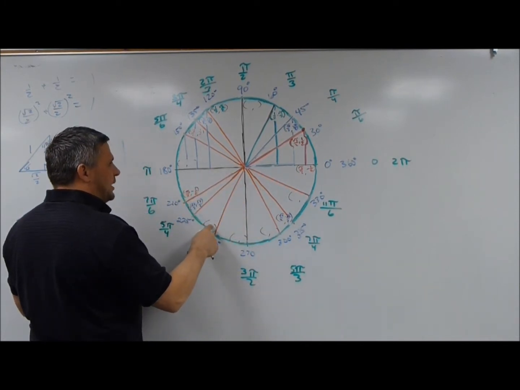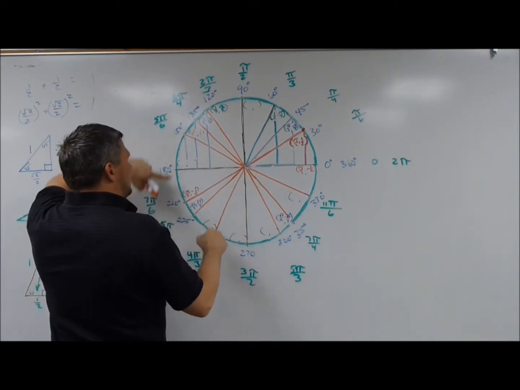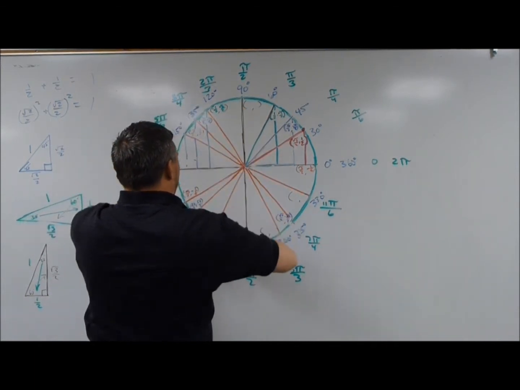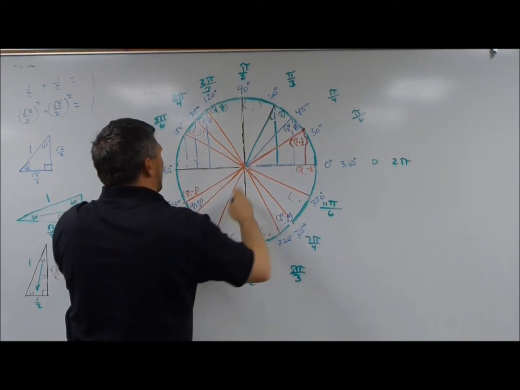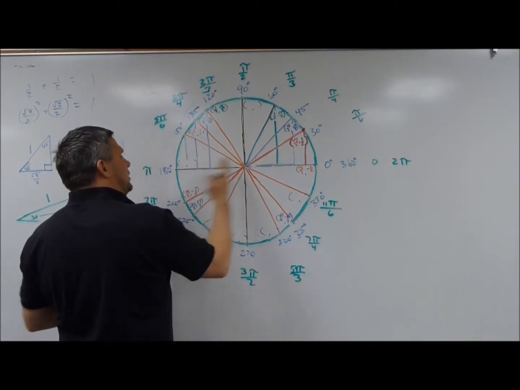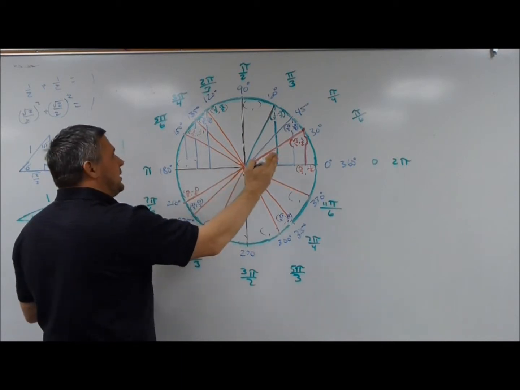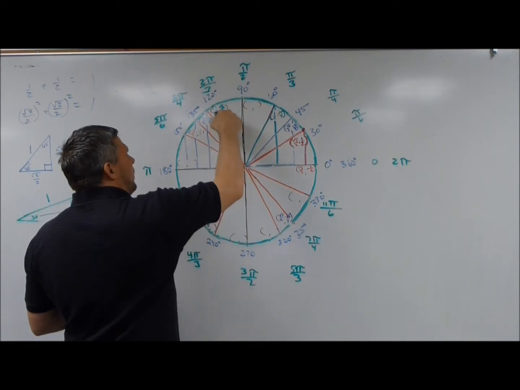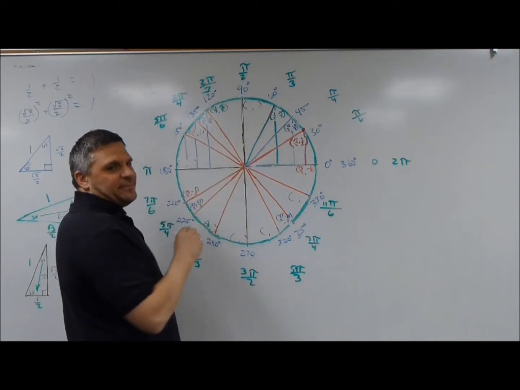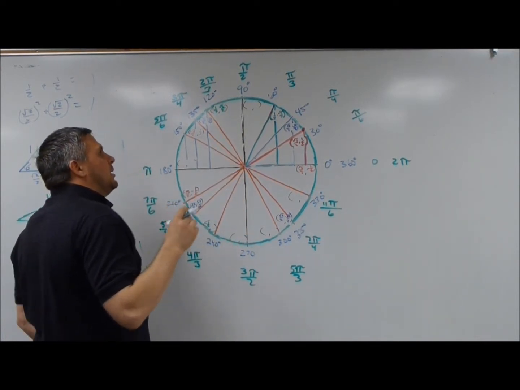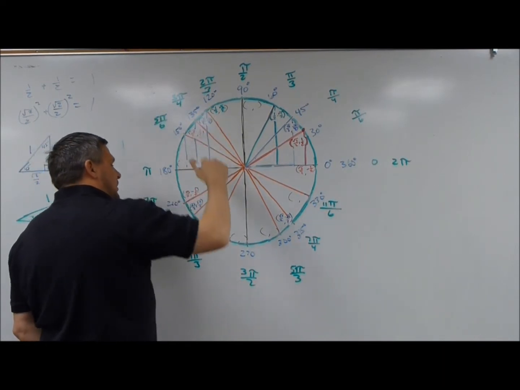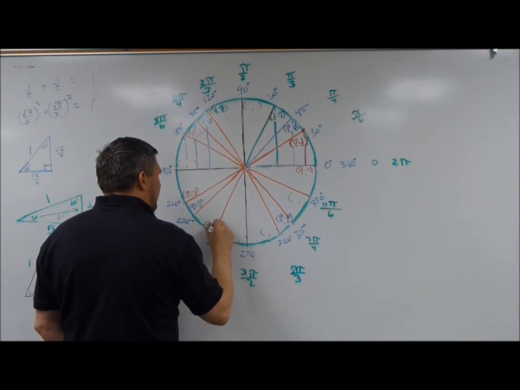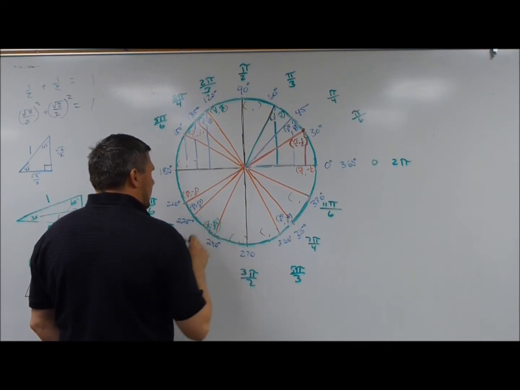But when I look at this one, it's the same triangle flipped down. So the x value is still negative 1/2, but now instead of positive square root 3 over 2, it's going to go negative square root of 3 over 2.